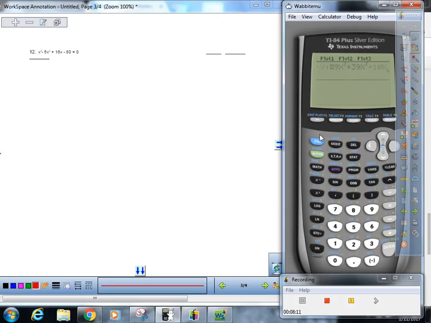We've got y equals x cubed minus 5x squared plus 16x minus 80.